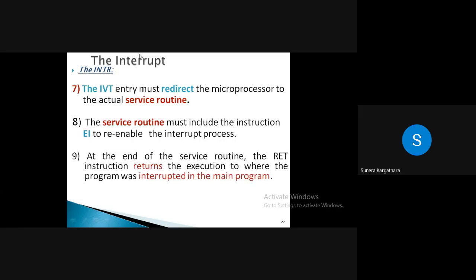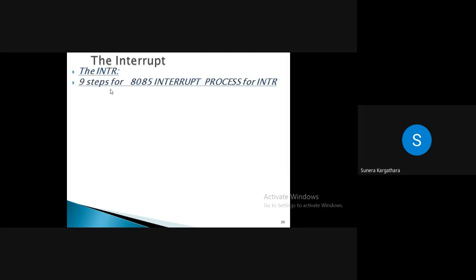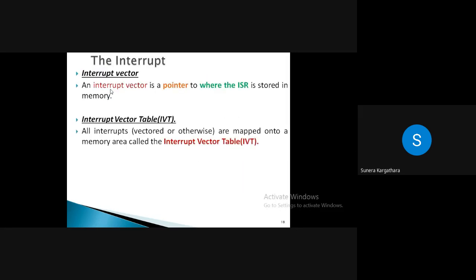What is the full form of IVT? Interrupt vector table. Here we saw interrupt vector and interrupt vector table, right? What is the interrupt vector table?